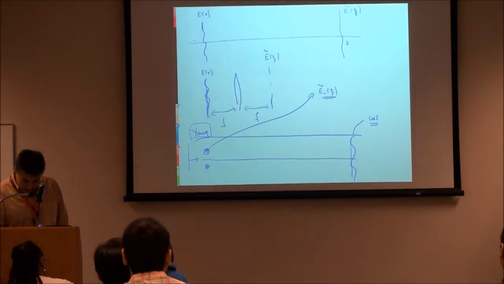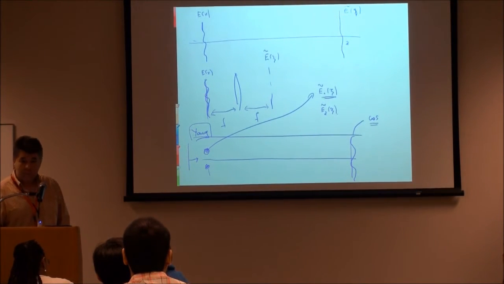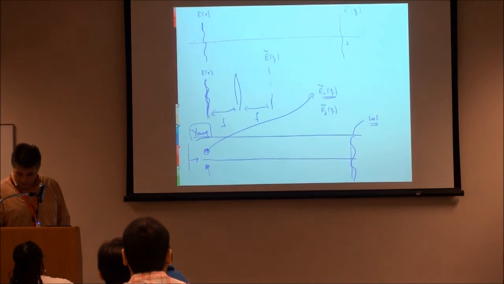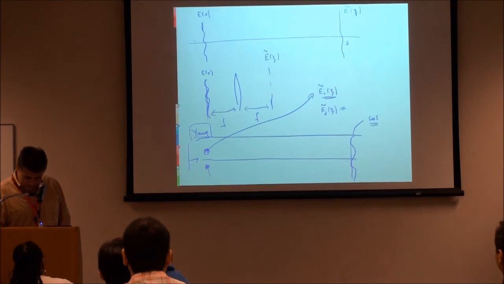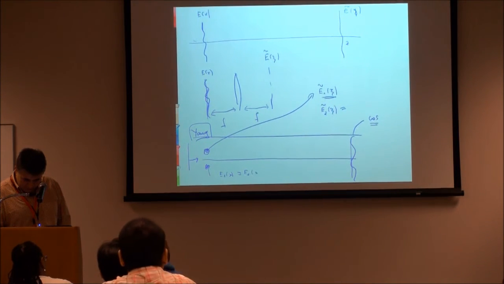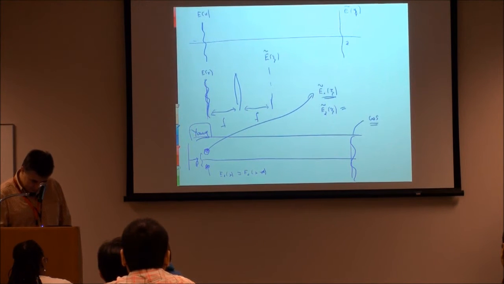Okay? And the second hole will be what? E2, the Fourier transform of the field from the second pinhole, right? But now I know that the field in space, U1 of x, if the pinholes are identical, which they are, is E2 of x minus A, where A is the distance between the two.